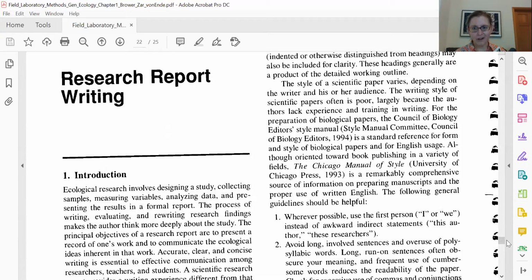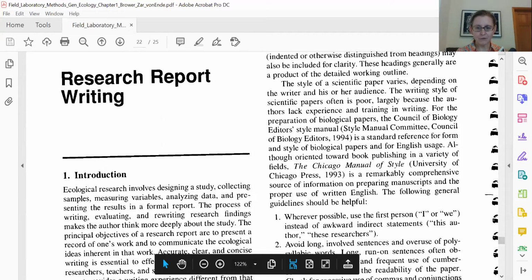I'm going to draw a formula for writing a paper. It's pretty specific, but as I've mentioned, you can expand on it. I like to think of a scientific report or a research paper as an hourglass.